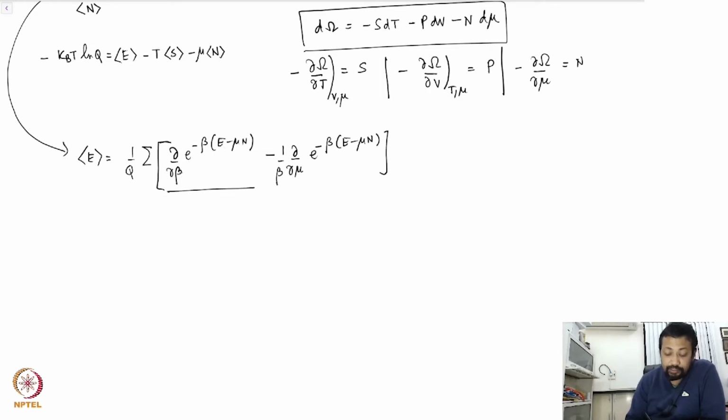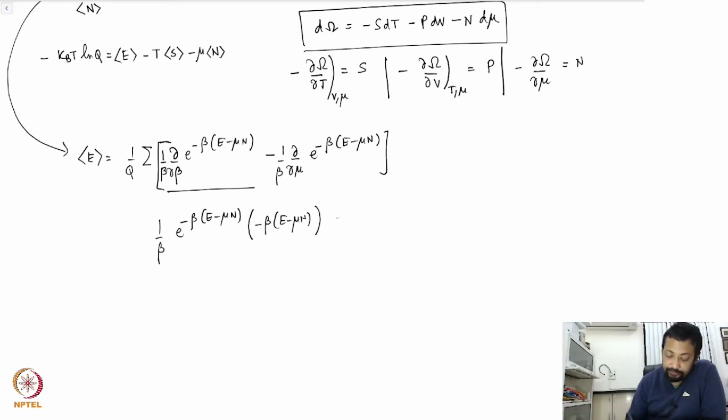If I do this, then this gives me e to the power minus beta (E minus mu N) times minus beta (E minus mu N). So first of all, this has to be divided by beta, right?